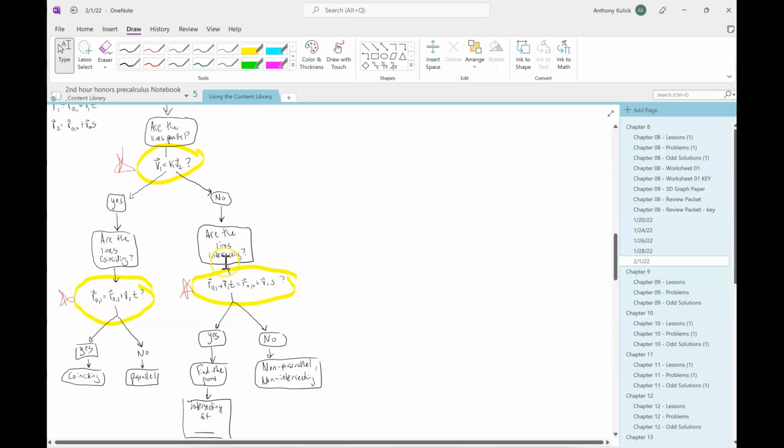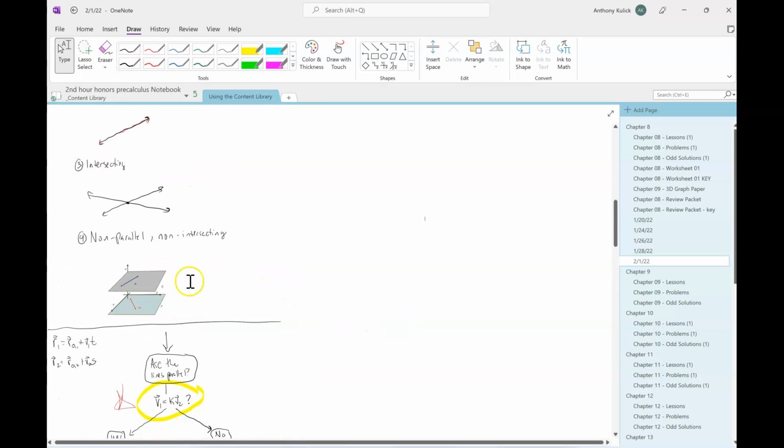If the system has no solution, or when we plug that solution back into the 3rd equation it doesn't work, we'd say that these lines are in that non-parallel, non-intersecting situation that we drew this picture of, right?